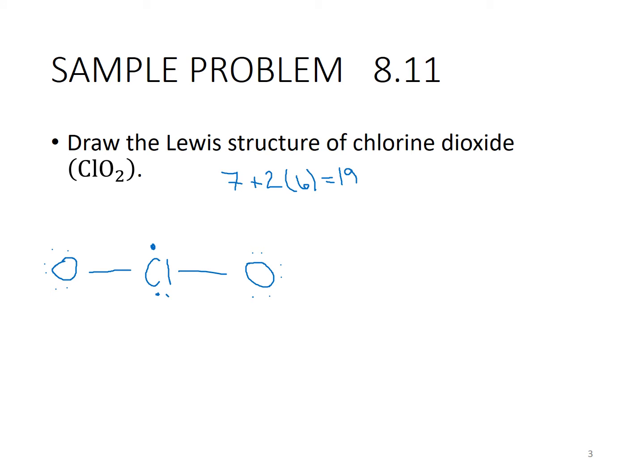And this would be a radical situation. Like I said, it's a radical because we have an odd number of electrons. So this would be an example of one of those radical situations.